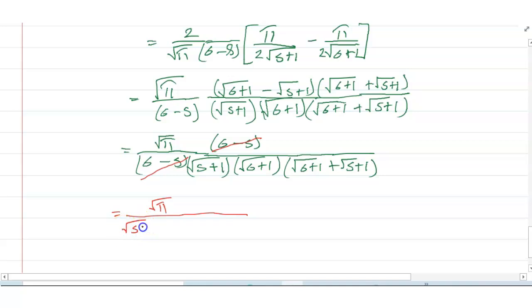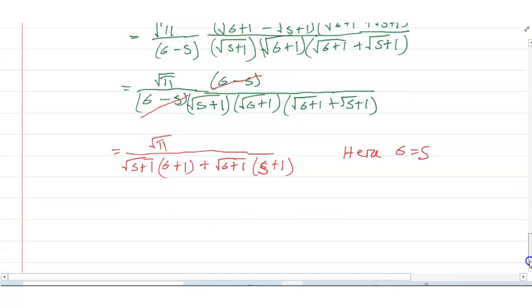So s plus 1, whatever you get, I get sigma plus 1 and root sigma plus 1 into s plus 1. Here sigma is equal to s.